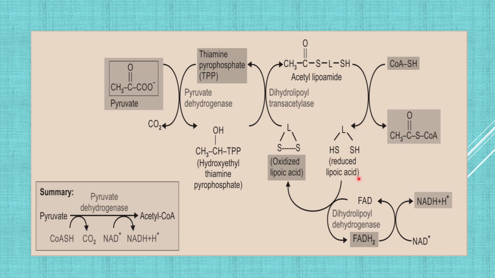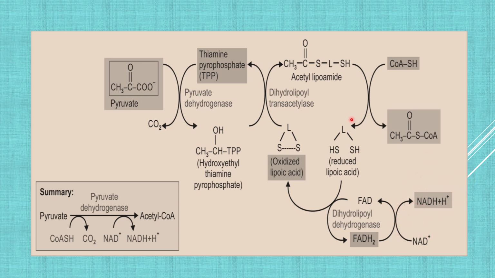And this reduced lipoic acid is again converted into oxidized lipoic acid in the presence of FAD. In this reaction, FAD is converted into FADH2. The enzyme is dihydrolipoyl dehydrogenase. Then FADH2 reverts back to FAD in the presence of NAD plus, so NAD converts into NADH.